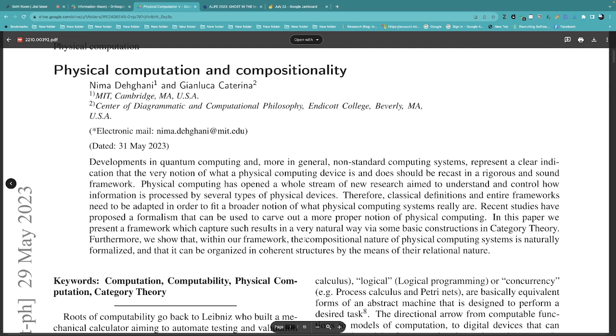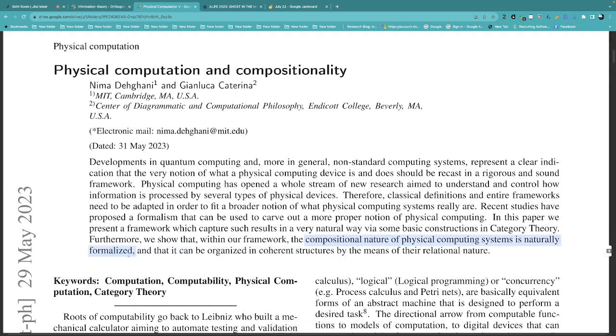So that's interesting, that there's this compositional nature of these systems that's naturally formalized. So when I say compositional, I mean, if you have something that needs to be put together, like, an algorithm is really about putting things together. It's about searching a data set or a database for a certain set of things. But if you want to have an intelligent system, those search things will be put together.